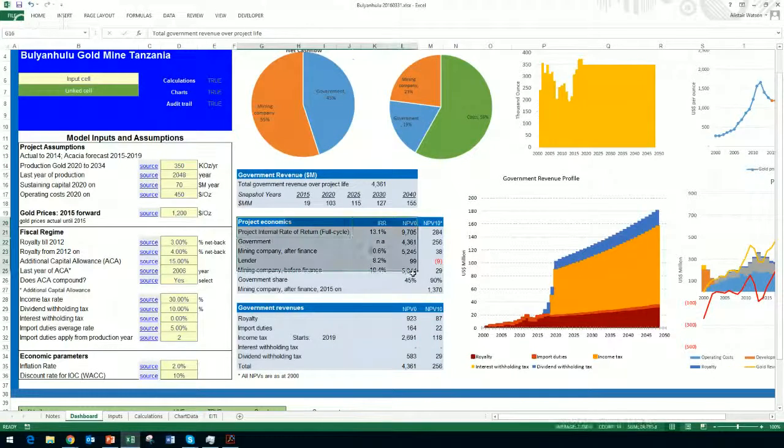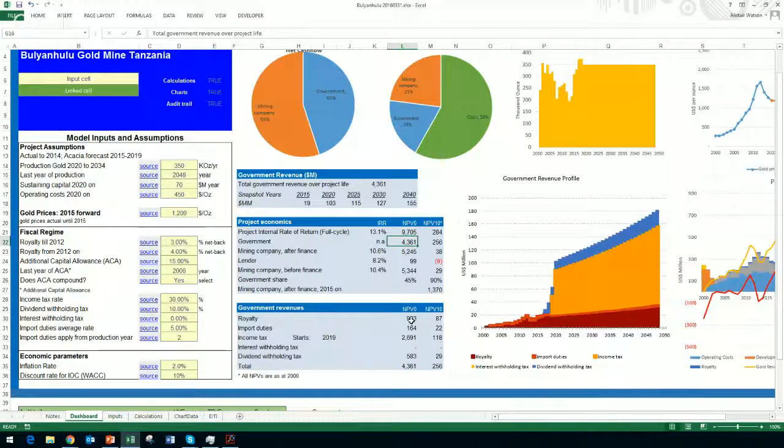Sure. Well, let's look then at the key table of results, in which we see for the government, with this set of assumptions, I've set the model back to $1,200 per ounce, that over the entire life of the project, in nominal terms, undiscounted, the government would receive $4.4 billion of revenue.